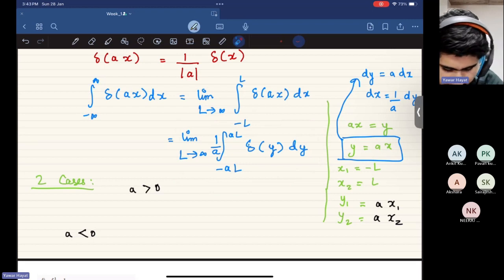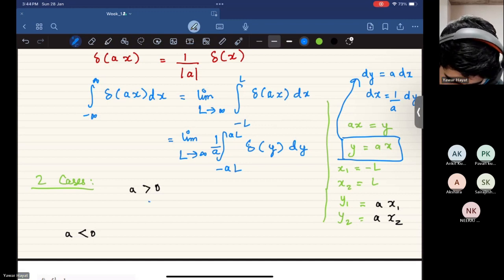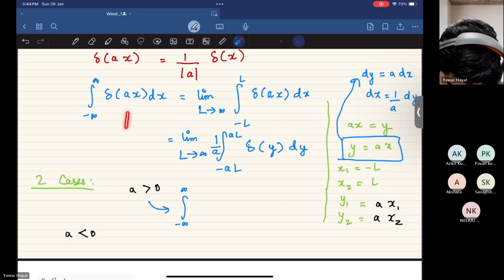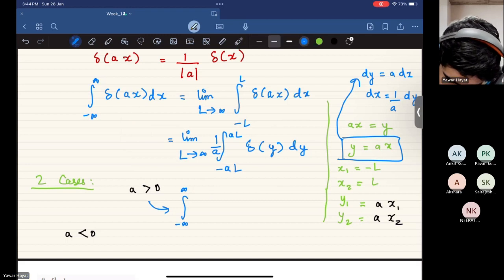Now, when a is greater than 0, what will happen? When a is greater than 0, I'm writing this integral here, minus infinity to infinity, delta of ax dx.